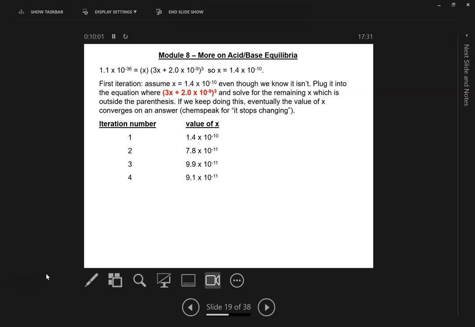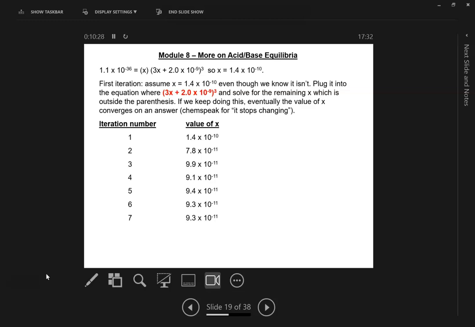I plug that number in, I solve for x a fourth time, and I get 9.1. I do it a fifth time, 9.4. I do it a sixth time, 9.3. You can see that each time I do it, the change gets smaller and smaller.